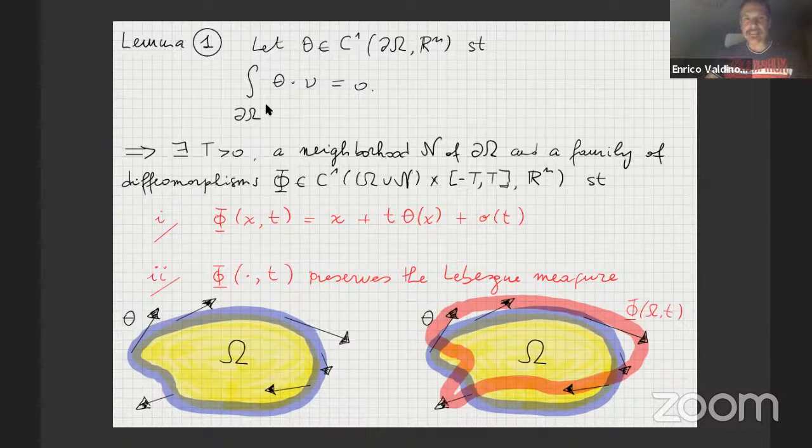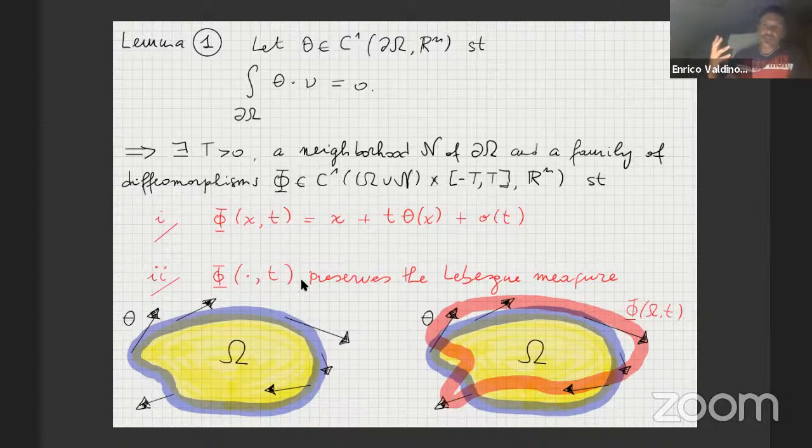So the idea is that you can construct a family of local diffeomorphisms in a neighborhood of omega that, of course, at time t equal to 0, nothing happens, and then you move with velocity theta at first order in t, and then higher order terms, and then phi preserves the Lebesgue measure.